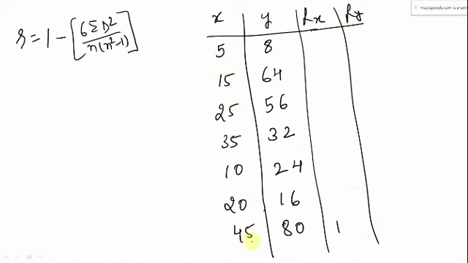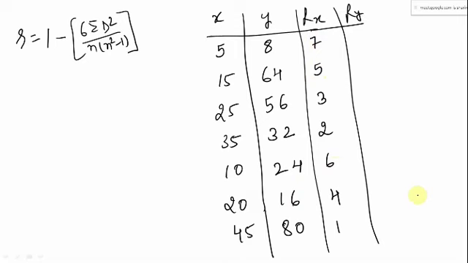So first rank is there. Then 35, second. Then 25, third. Then 20, fourth. Then 15, fifth. Then 10 is sixth, and 5 is seventh. Am I clear?